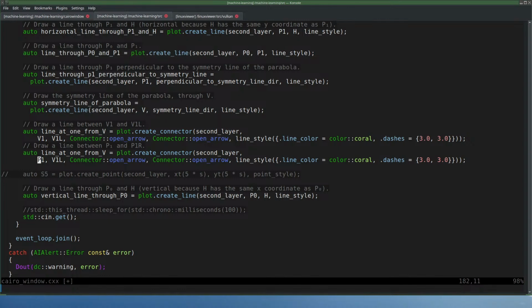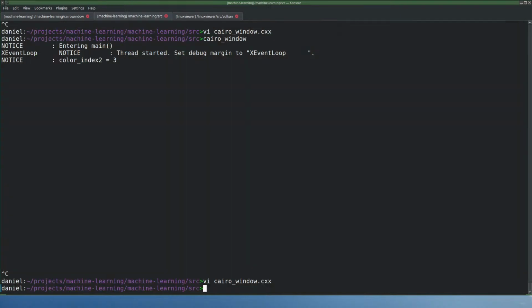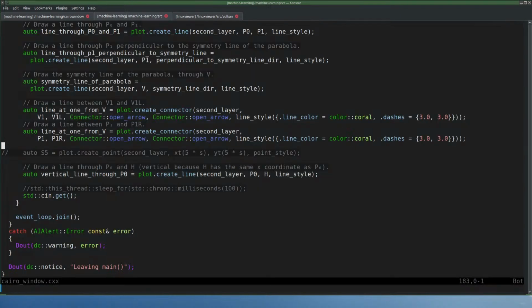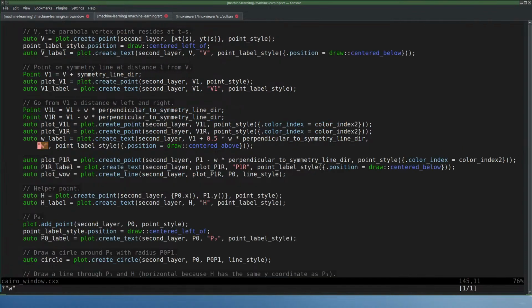To P and P1R. Might as well add a label to that as well. How the hell am I drawing it here and then the label I already did draw before? Let's move this down.